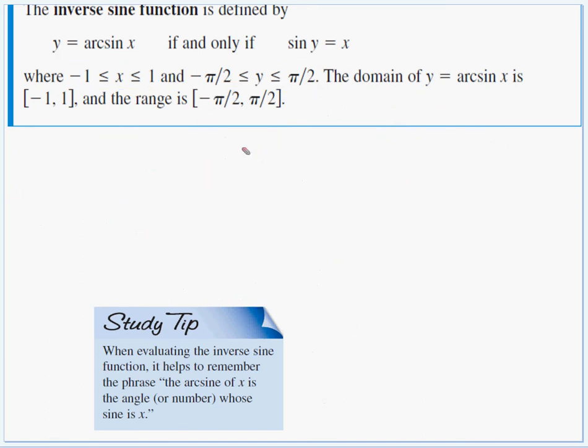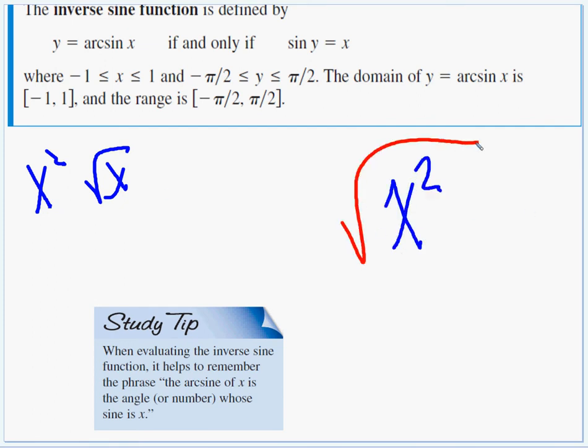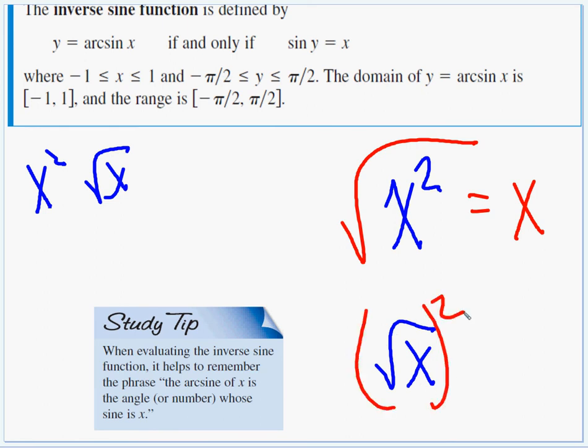Let me even do this. You've seen this before in pre-calc. X squared and the square root of x. They are also inverses. If I take x squared and I square root it, the square and the square root cancel, and it's just equal to x. If I take the square root of x and square that, the square and the square root cancel, and we're just equal to x.